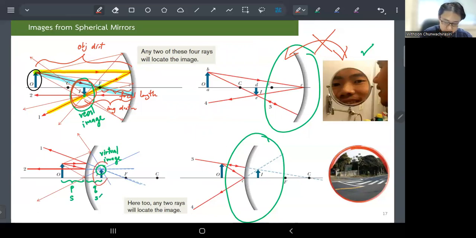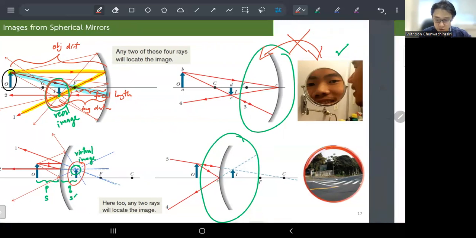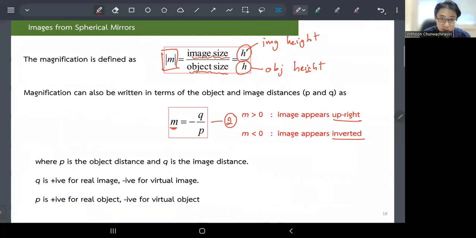This one is upright. The first one is inverted. So the sign will tell you. That's all I'm asking from you guys. I only ask you for 2 equations. You can solve, I wouldn't say every question in the universe, but you should be able to do the exam, let's say.